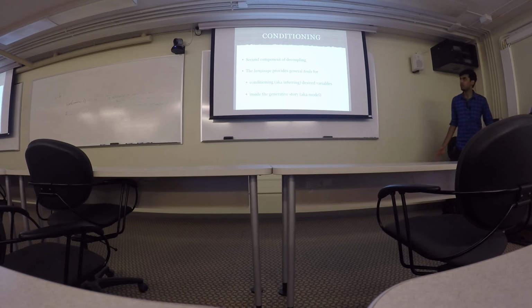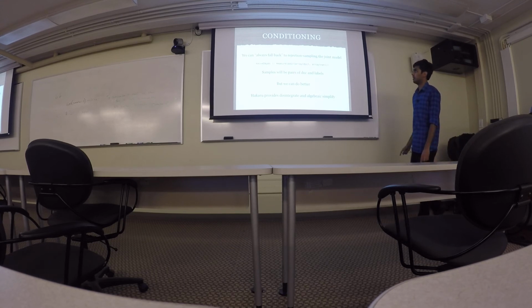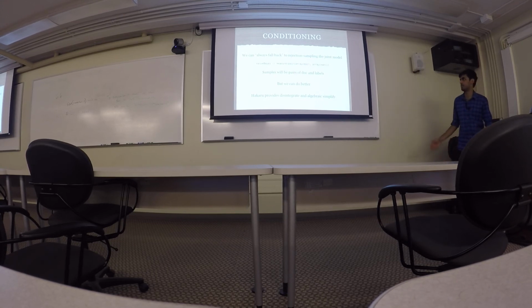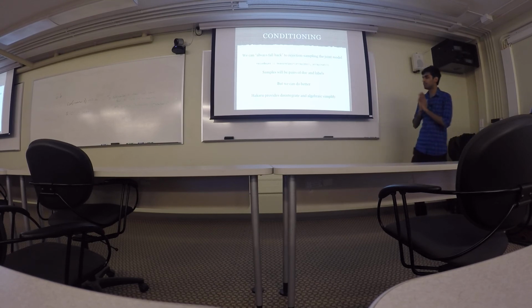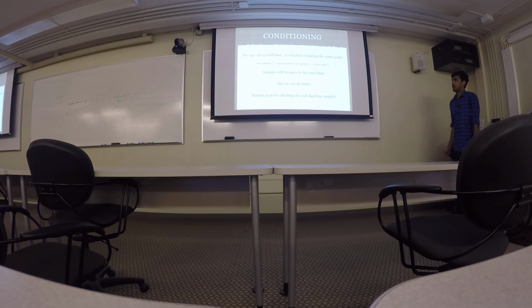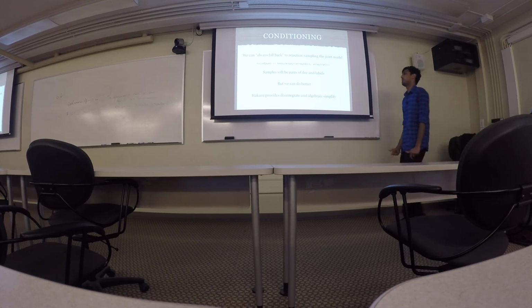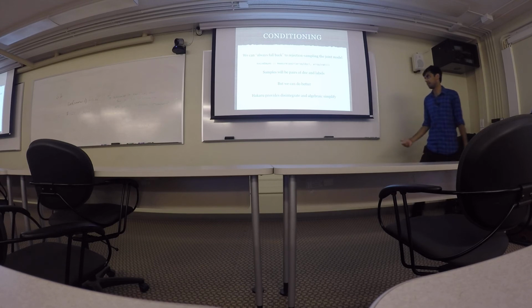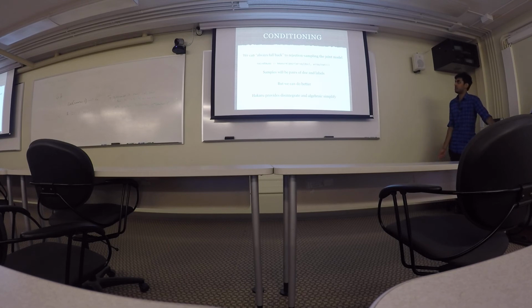And one key idea here, as I'm nearing the end of the talk and before I close up, is that you can always forward sample the model because you have a joint distribution, and then you can reject the samples that don't match your data. But that's only the first step, and there are more general tools like disintegration or simplification that help you do approximate and exact inference that are provided by the language.